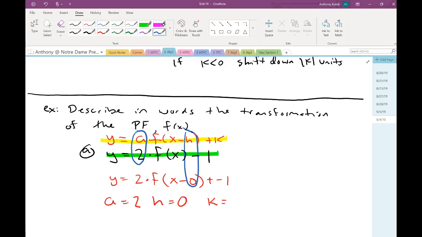And my value for K? Negative 1. Can everybody see how I identified the values for A, H, and K there? Did I have to do any mathematics to do that? No, I just basically read the formula, right?